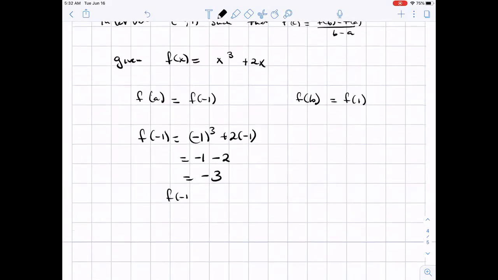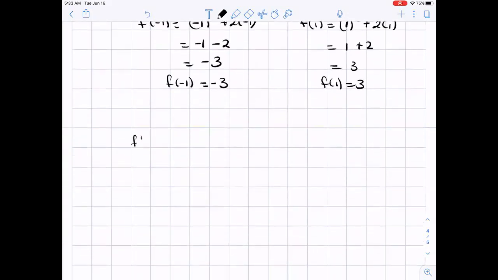So f of minus 1 is equal to negative 3. And then f of b, which is positive 1, this is equal to 1 cubed plus 2 times 1, which is equal to 1 plus 2, which is equal to 3. So f of 1 is equal to 3.